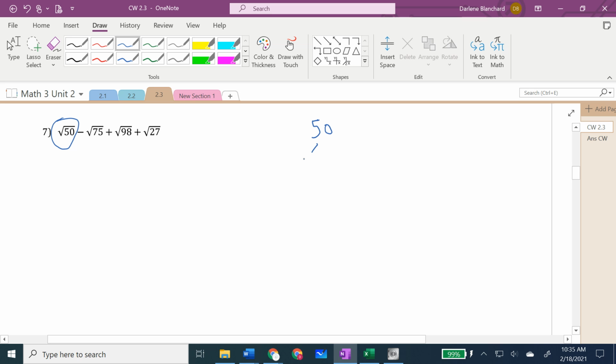50 is even, so I'm going to put 2 times 25. And maybe you recognize 25. Hey, that's 5 squared. Or you factor further, whichever. So every couple in a square root gets square rooted and gets merged into one entity.